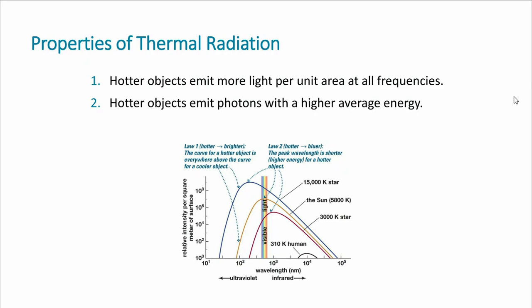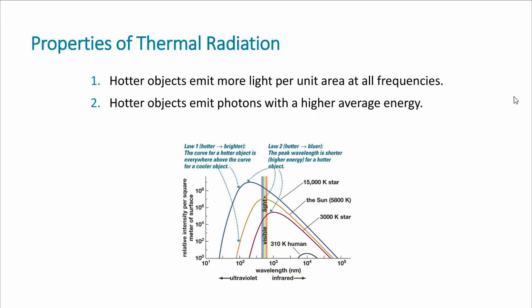So for the 3,000 Kelvin star, you get this red curve. For the sun, you get the orange curve. And then for a very high temperature star, you get this blue curve. And where the peak of this emission occurs will be at different wavelengths depending on the temperature of the star.